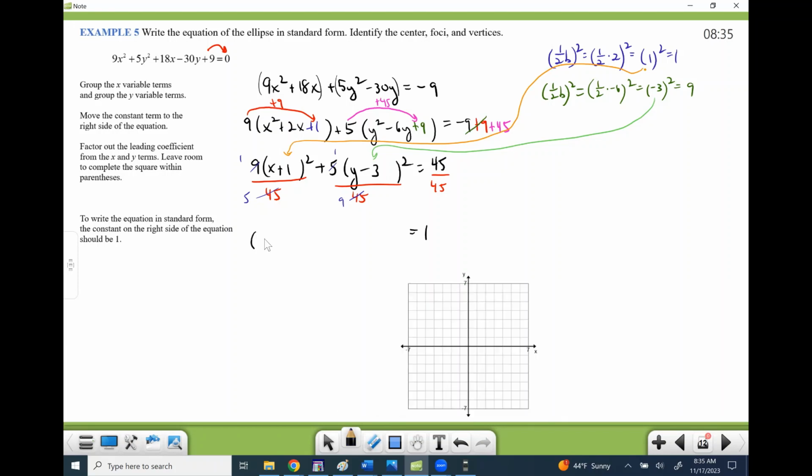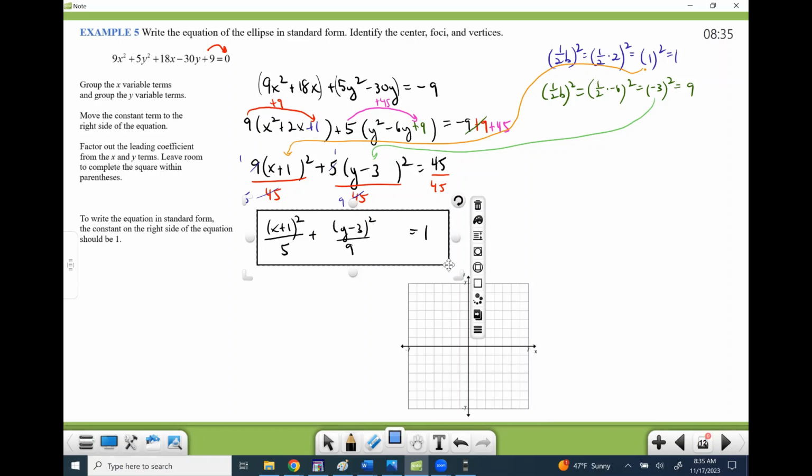So it looks like we have x plus 1 squared over 5 plus y minus 3 squared over 9. That's going to be our equation.